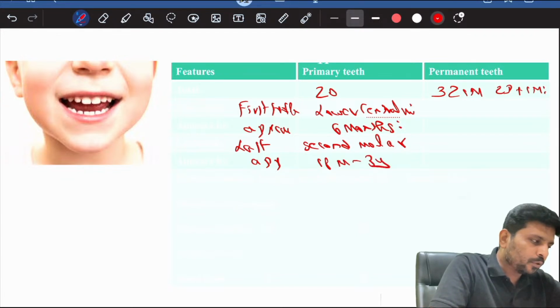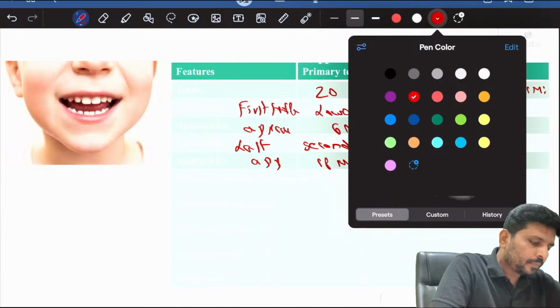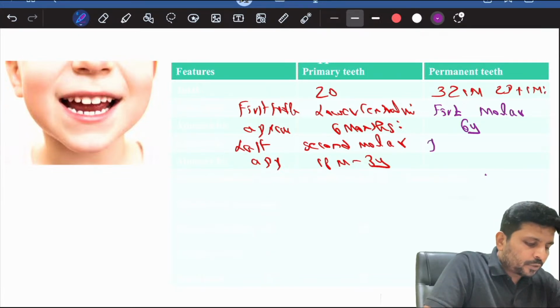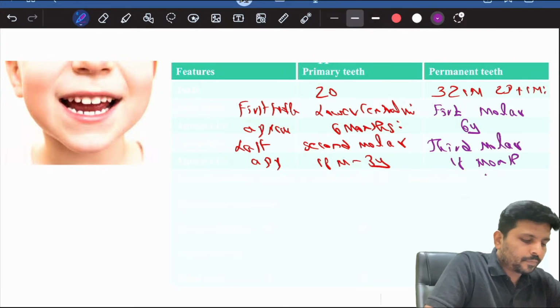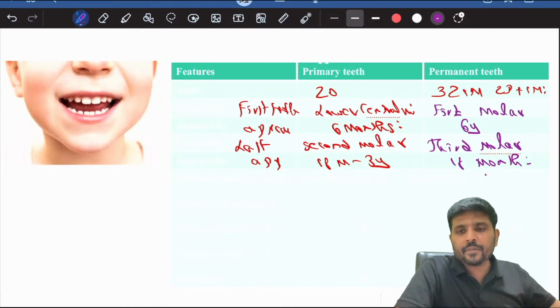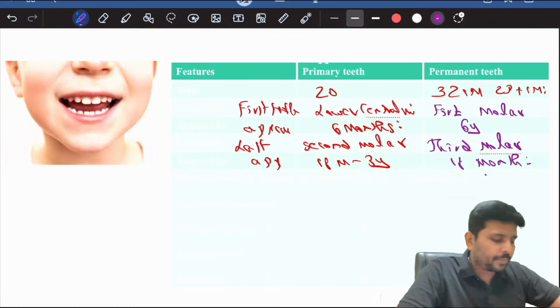Whereas in permanent teeth, the first tooth to appear is the first molar by about 6 years, and the last tooth is the third molar by about 18 years. So these points are very, very important for your entrance examination.